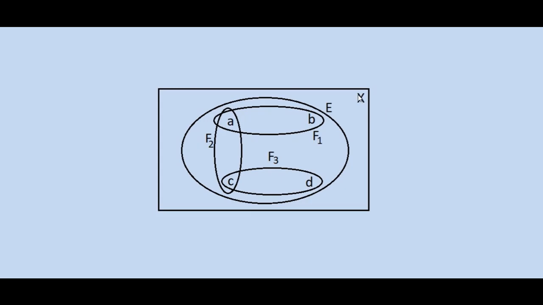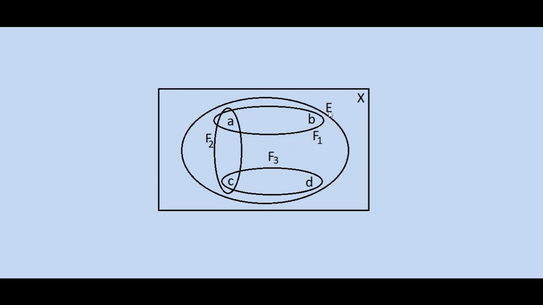X is a topological space and E is a subset of X. In our theorem, we have to prove that if E is a subset of X and if every 2 points of E are contained in some connected subset of E, then E itself is connected.